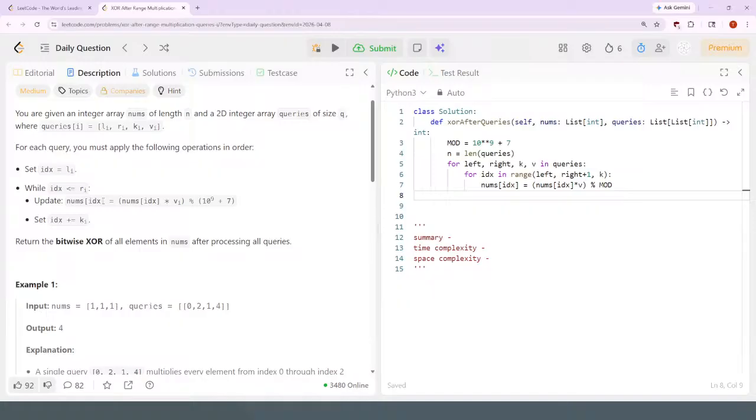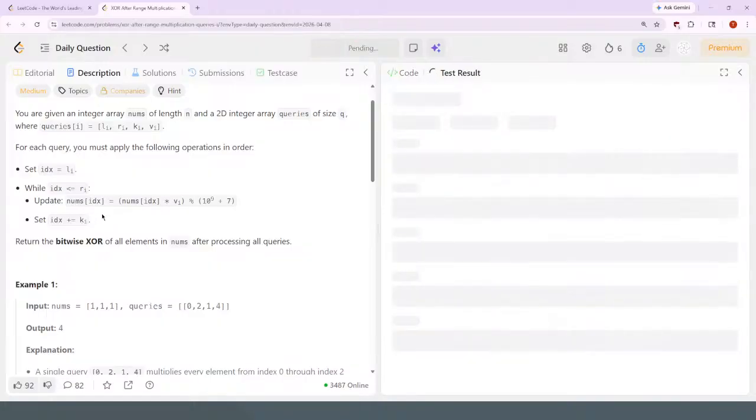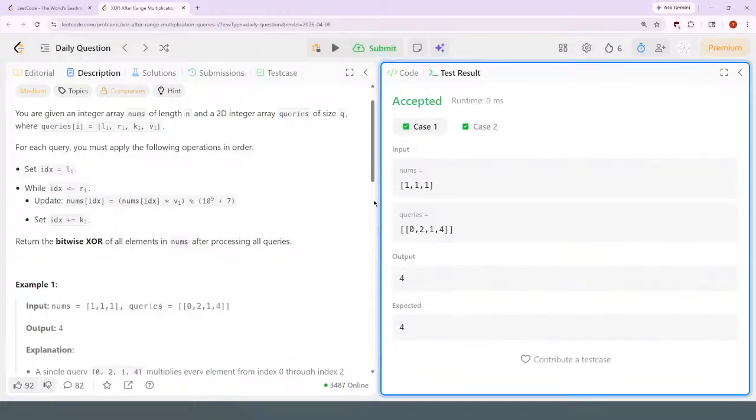And then I'm just going to do the answer is 0, and for every value in my nums array, answer bitwise XOR with the value. Okay, so this is hopefully correct.